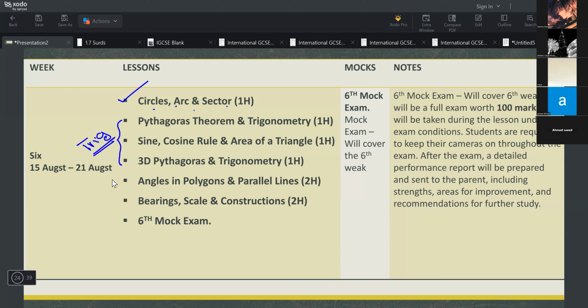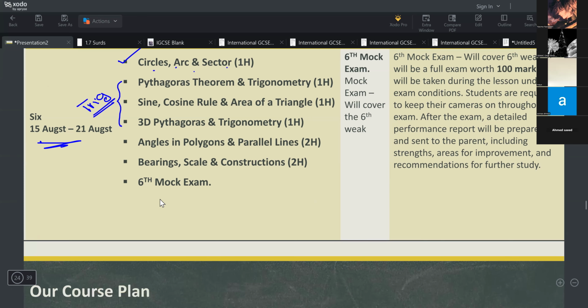And here we finish trigonometry also. From 15 August to 21 August, that means we will finish 70% of our exam paper. And then we have our sixth mock exam.